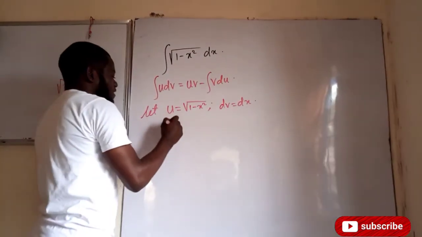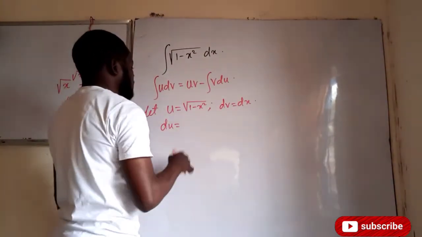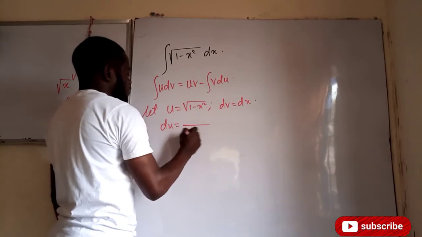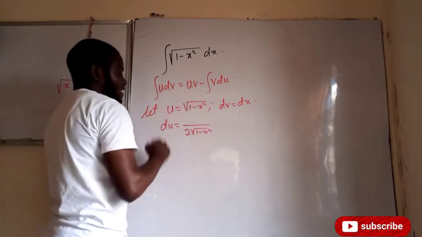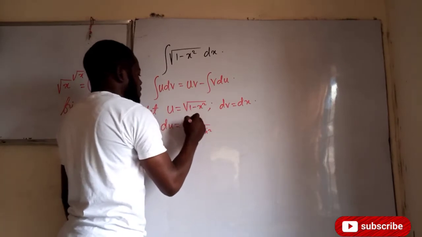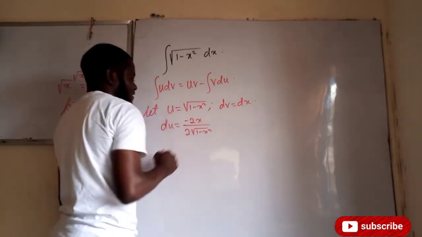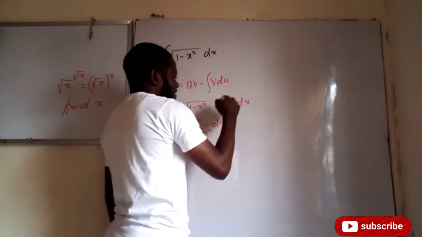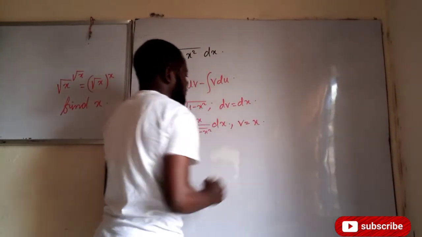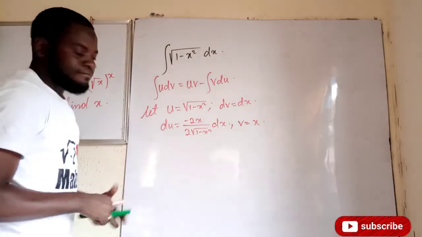So, what will be our du? Our du is going to be, okay, this is going to be 2 root 1 minus x squared, if I differentiate this, and the top is going to be minus 2x, like this. So, dx. And if I integrate this, I will have what? My v equal to x, like that.